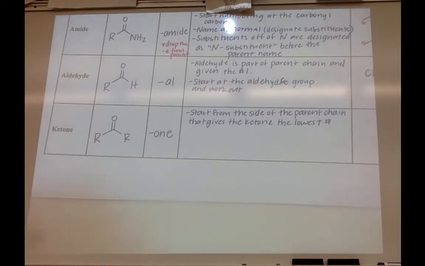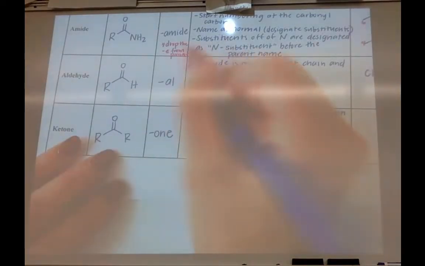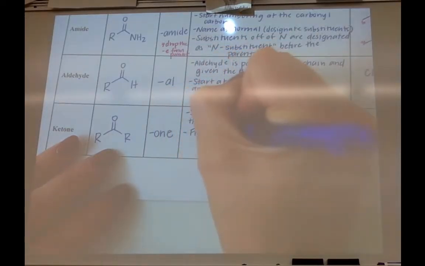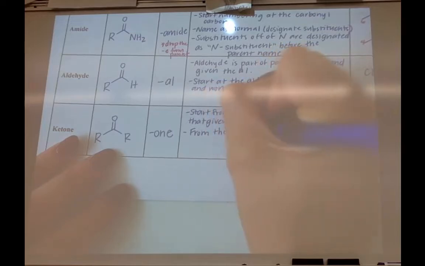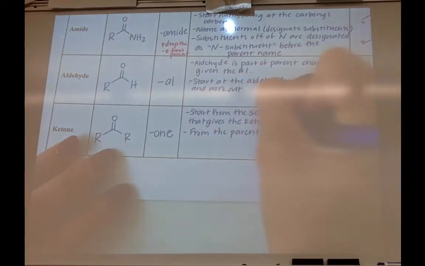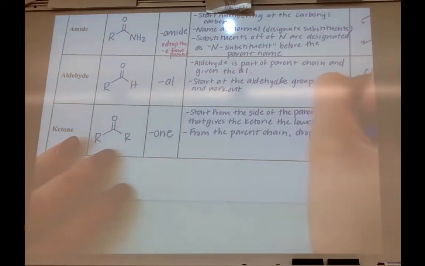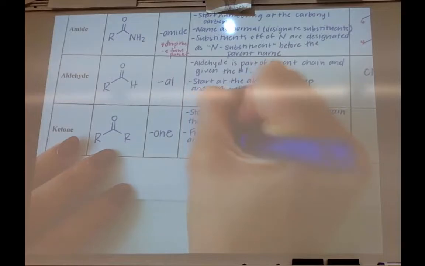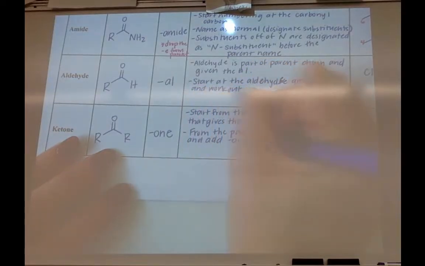Okay, if there's more than one, so actually let's do this first. From the parent chain, drop the E, and add O-N-E.